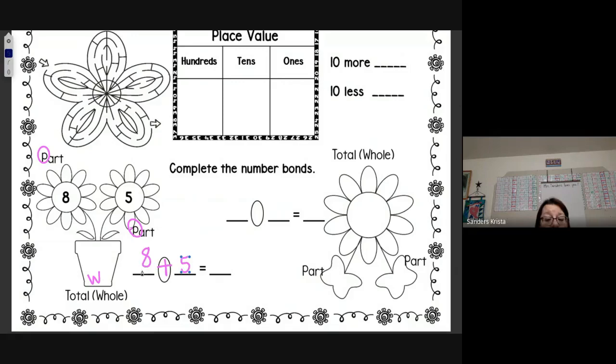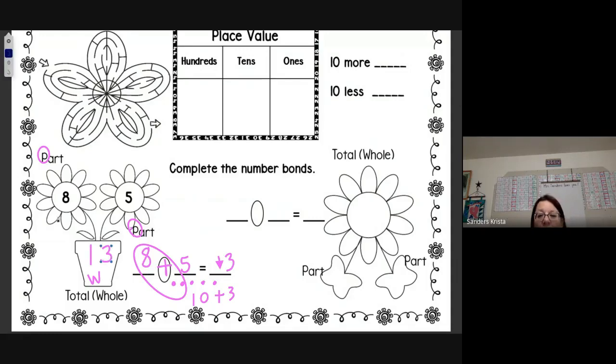If I have 8, I only need 2 more to get to 10. So 8 and 2, that's 10. And we have 1, 2, 3 more. So now I have 10 plus 3. That gives me 13. Good. So my whole is 13.